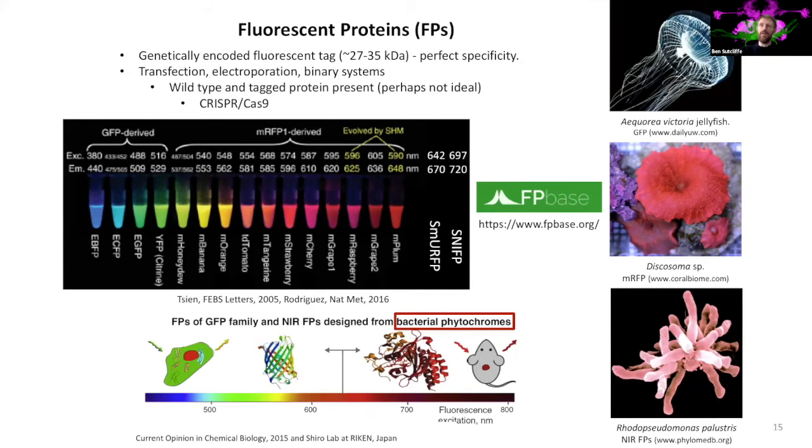The RFPs were taken out of a coral, Discosoma. And then from there you get the far red RFPs. The near red fluorescent proteins come from bacterial phytochromes, which can be imaged using 2-photon microscopy, but they do need a cofactor for fluorescence.